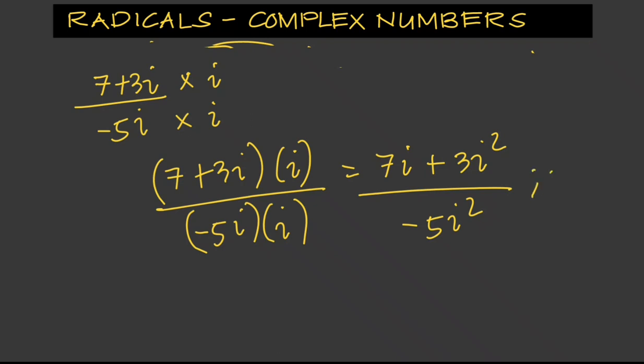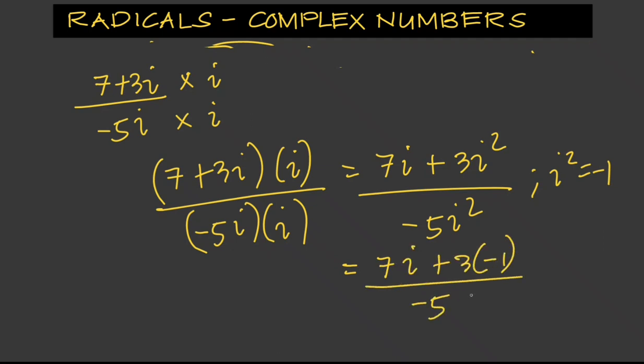Since i squared is just equal to negative 1, this would be 7i plus 3 times negative 1 over negative 5 times negative 1. So this is just equal to 7i minus 3 over 5. So this is the solution to this one.